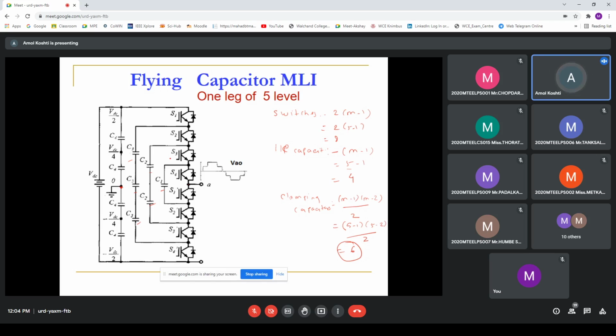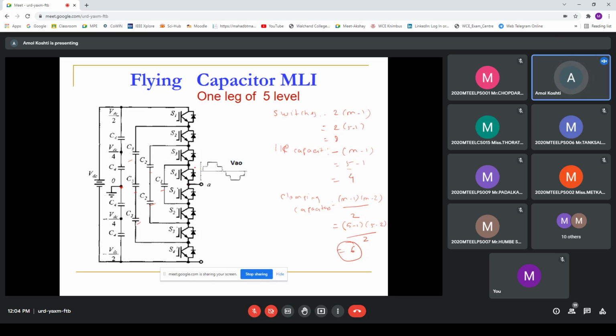Either it is forward biased or it is reverse biased. So for capacitors, to discharge them, sometimes we need to provide additional discharge. In this way, this is the disadvantage of this flying capacitor multi-level network.